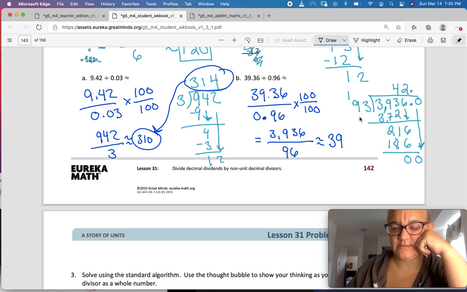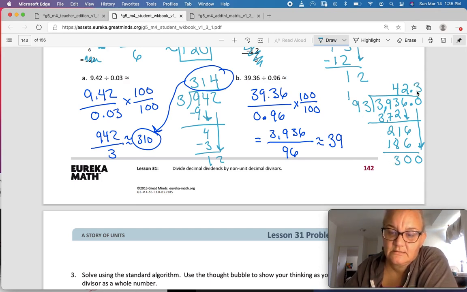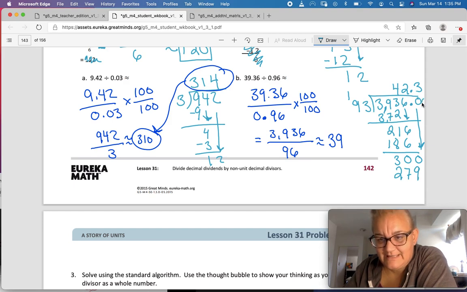So 93 into 300 would be what, 3? Okay. So 3 times 3 is 9. 3 times 9 is 27. Okay. Well, now I can bring another 0, and I'm running out of space. I wrote too big.